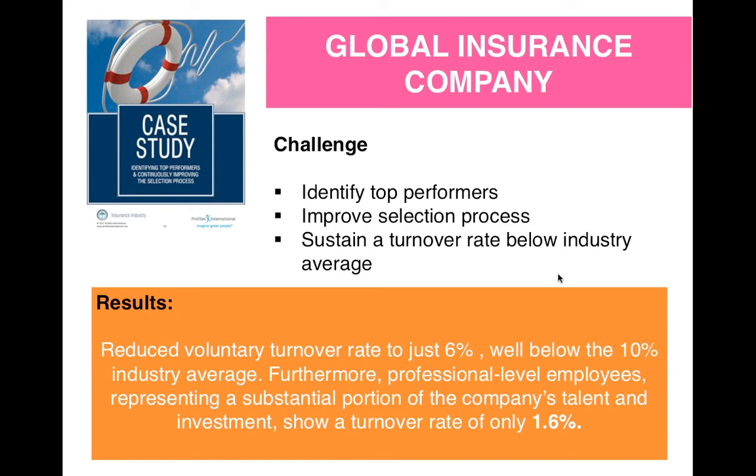As a result, their voluntary turnover rate was reduced to 6%, which is well below the 10% industry average. And furthermore, professional level employees, a substantial portion of the company's talent, show a turnover rate of a very impressive 1.6%.